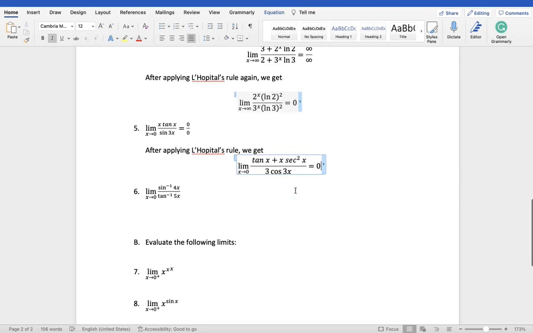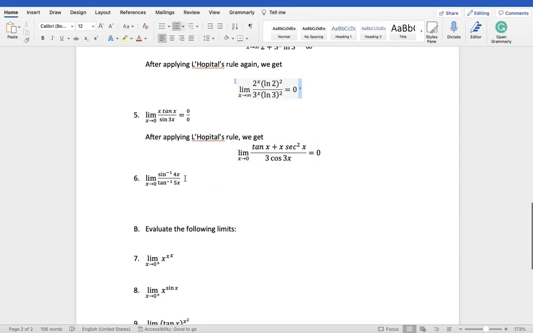Okay, so I don't see any questions, so I'll just move on to this. So here we have, now this one might be a bit challenging, so you have to go back to what you guys did for the derivative of inverse trigonometric functions. So what happens when the limit of x tending to 0 of sine inverse of 4x over tan inverse of 5x?